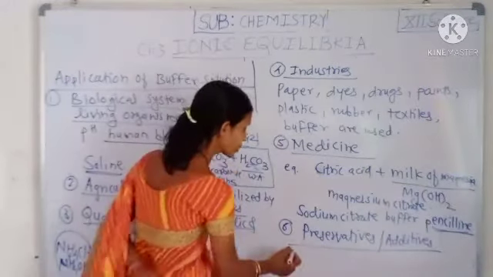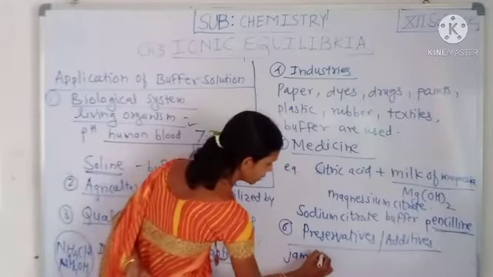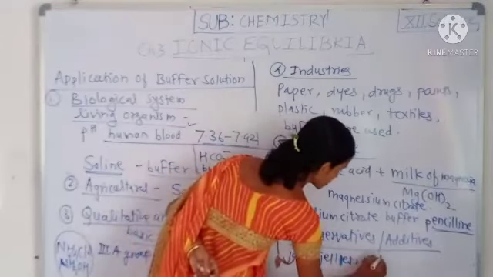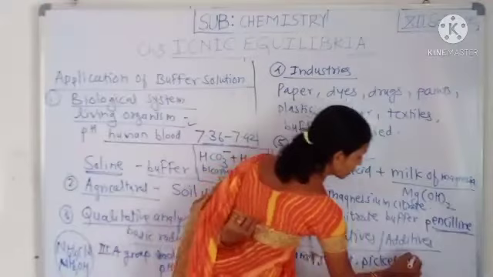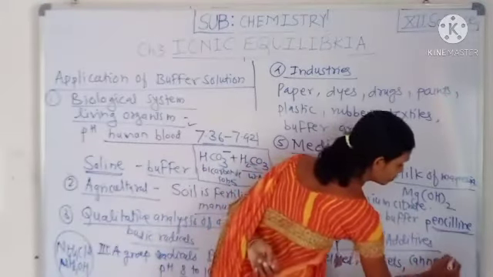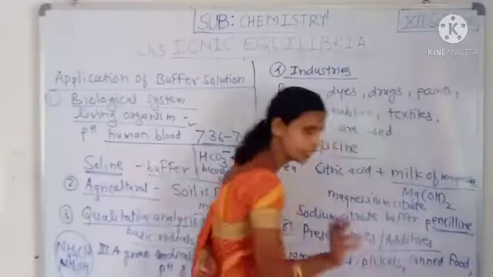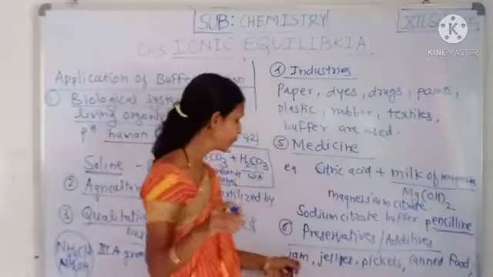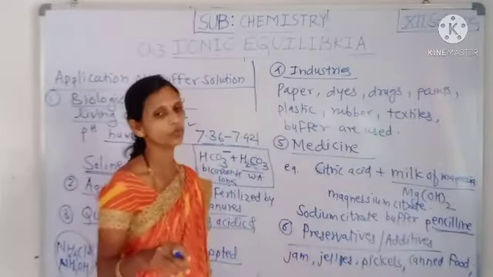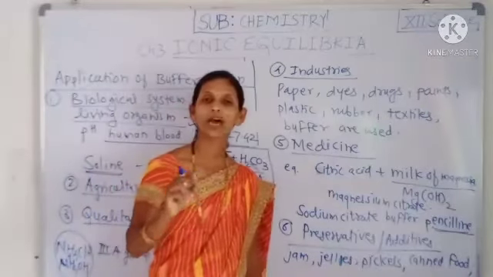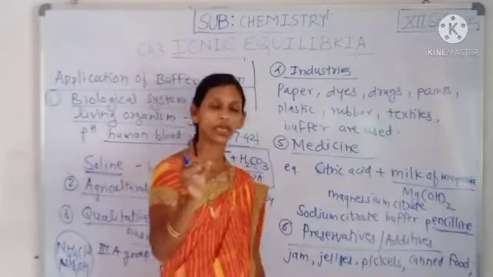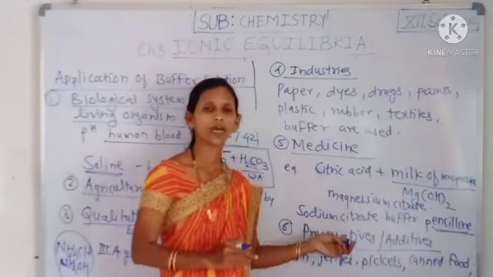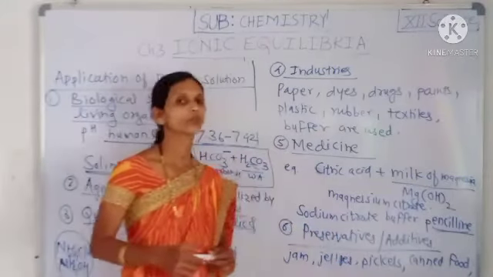Then during production of jams, jellies, pickles, canned food, that is packed food like potato chips or kurkure, preservatives are used, and these preservatives are nothing but specific types of buffer of specific pH. That is about the applications of buffer.